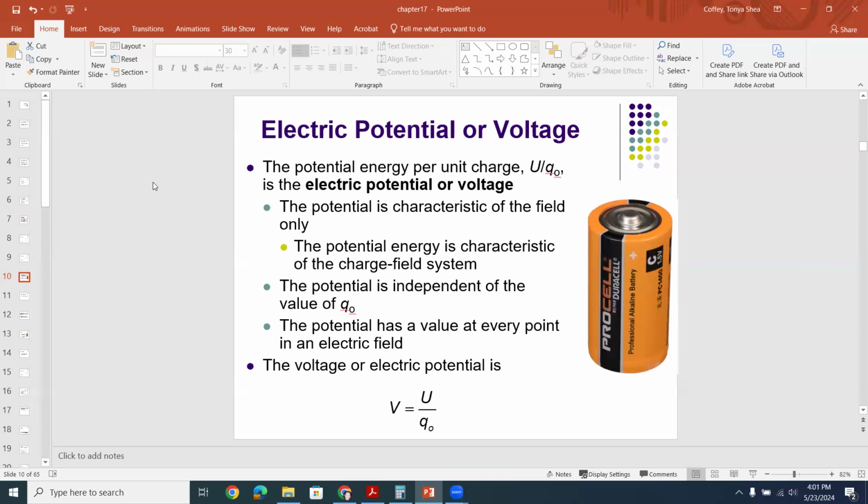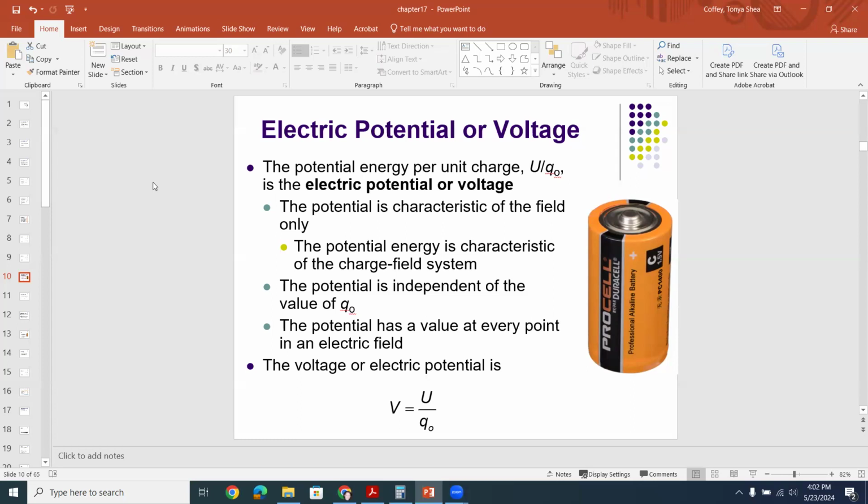Because the voltage is defined as the potential energy per unit charge, or U over Q naught. When you divide out by that charge, you're making the voltage a characteristic of the field only and not the charge in the field, right?